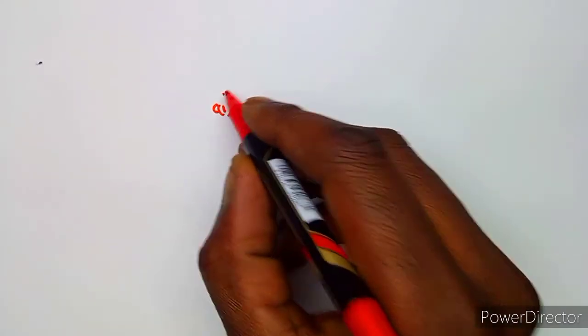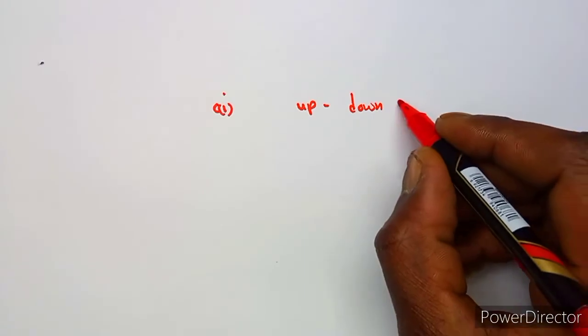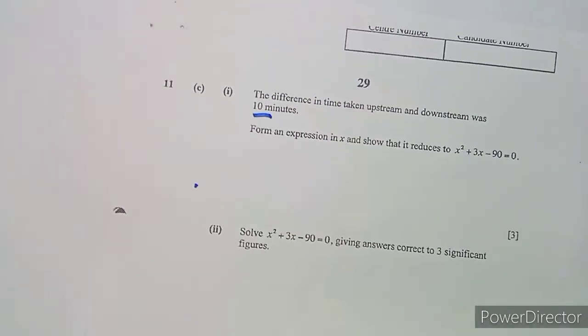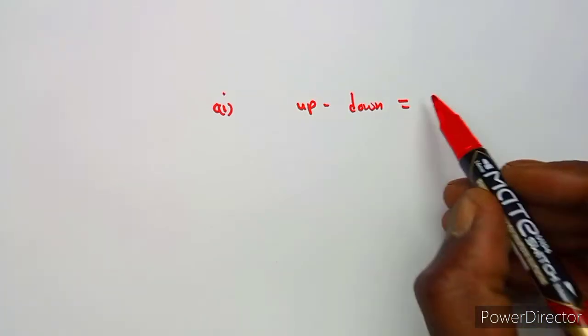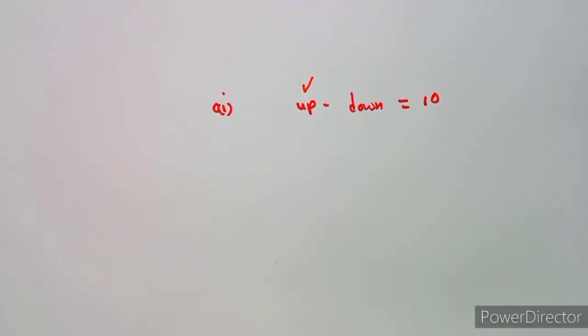So let's write this as upstream minus downstream must give us the time that we are given here. We are talking of time here, so the difference is going to give us 10. So the time for going upstream is this one that we are going to take in terms of x here.